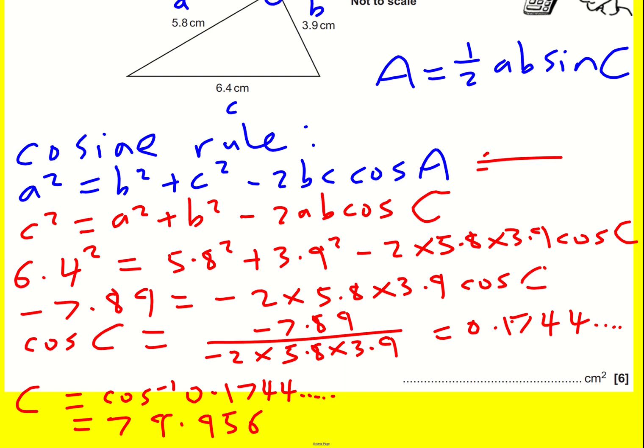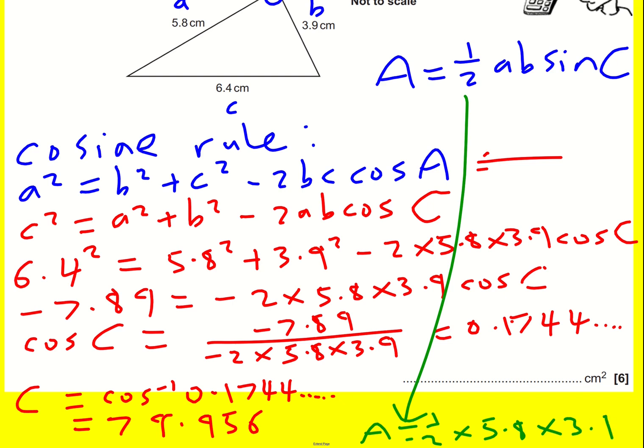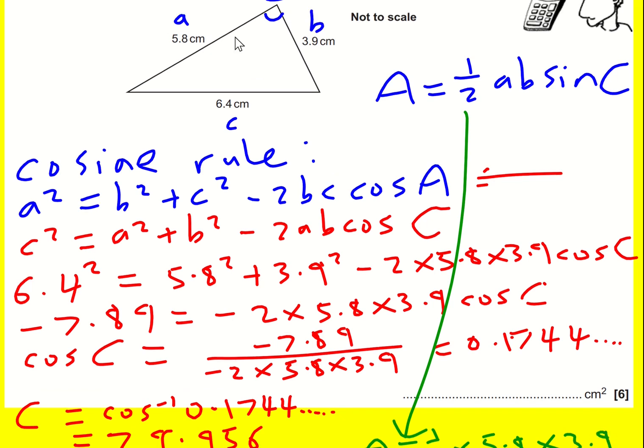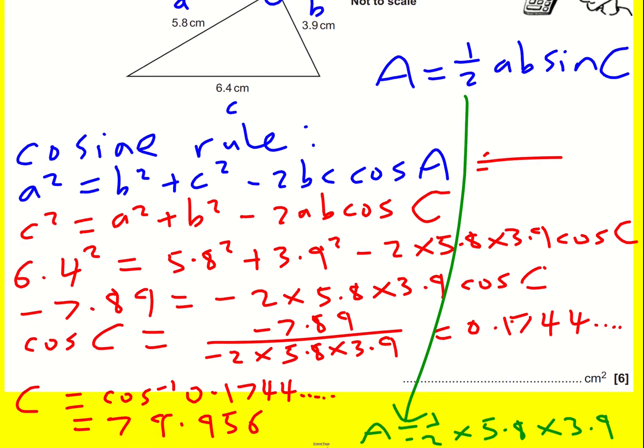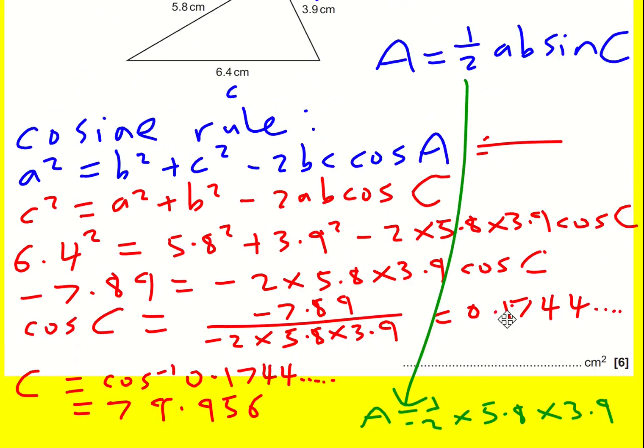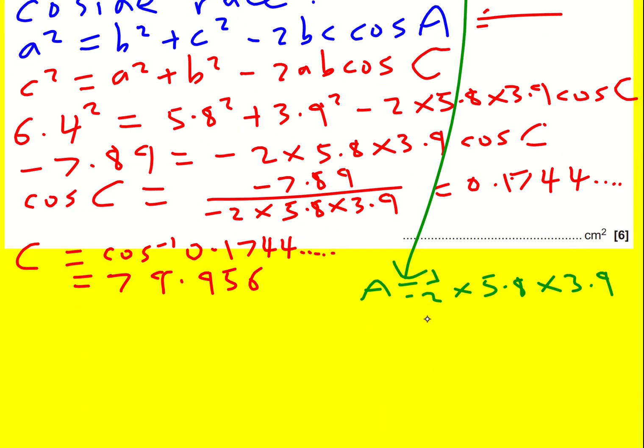Okay, and we are ready to deal with the area now. The area is going to equal a half times 5.8 times 3.9, because these are the sides I have, and then I want to times by sine of the angle in between. So sine of 79.956.